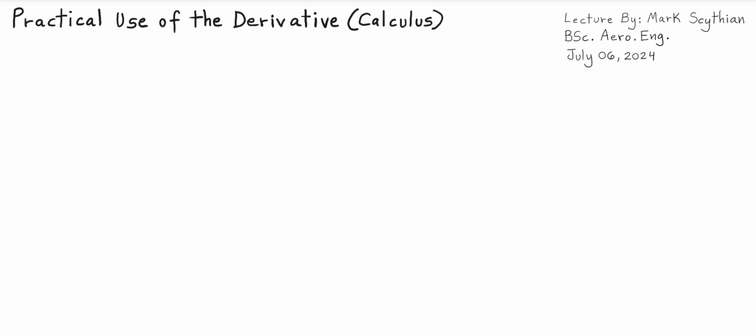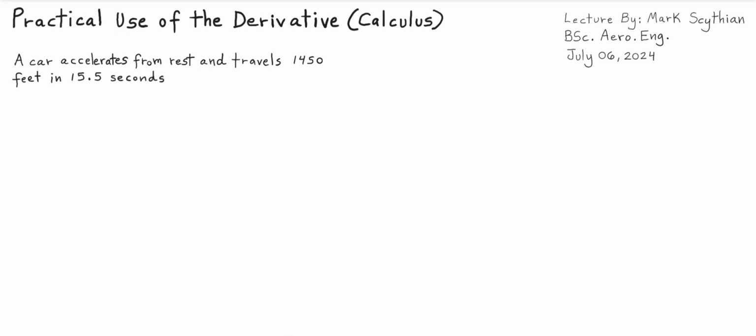This video is going to focus on the practical use of the derivative in calculus. So here's an example. A car accelerates from rest and travels 1,450 feet in 15.5 seconds.